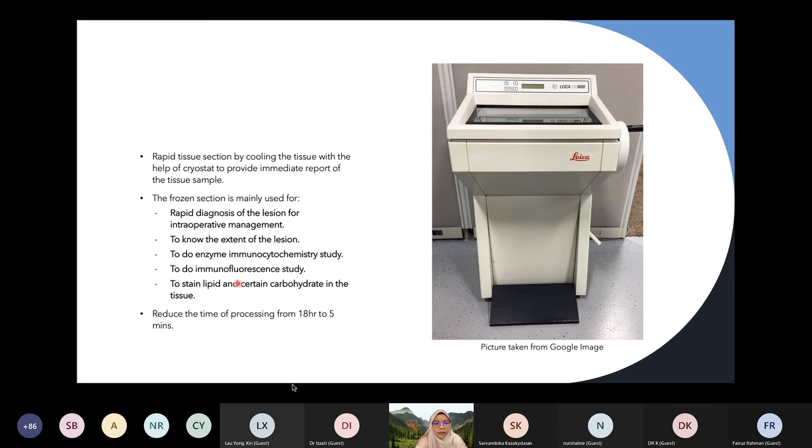The advantage of frozen section is it reduces the time of processing to 5 to 10 minutes as compared to 18 hours or 2 days in paraffin embedded techniques.